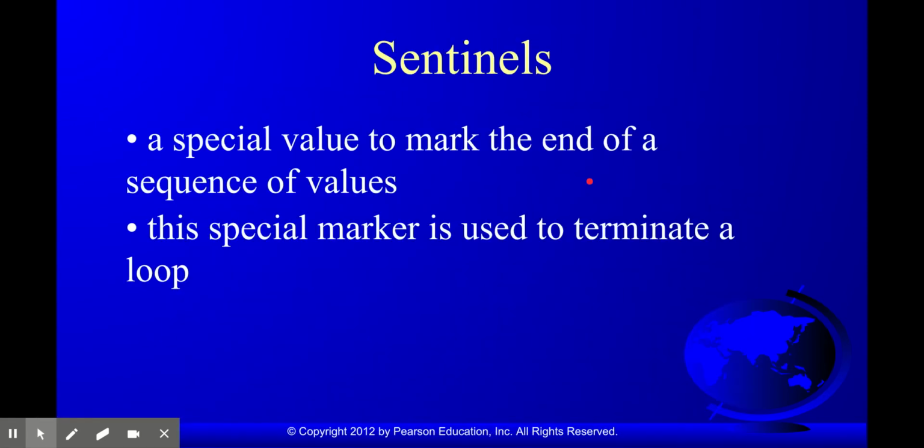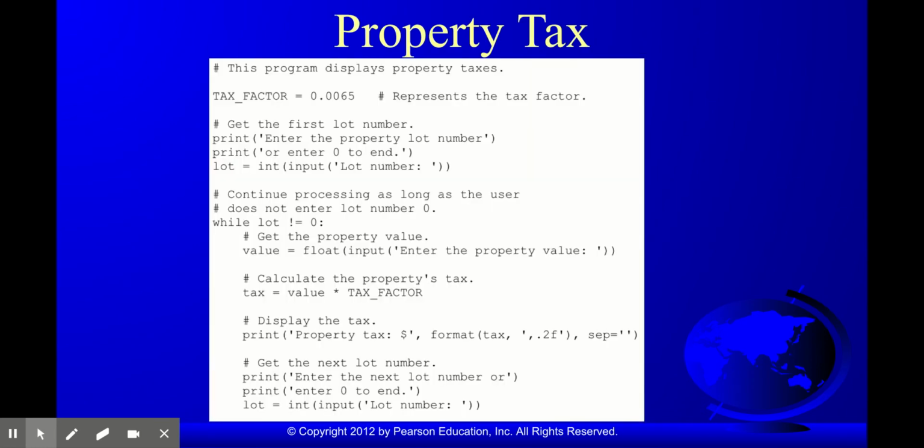The sentinel value is something that you want to end the program with. Oftentimes we will have a 0 if you're entering numbers, like enter 0 if you're done entering. You always start with it equal to 0, and you print enter 0 to end this program, to exit this loop.